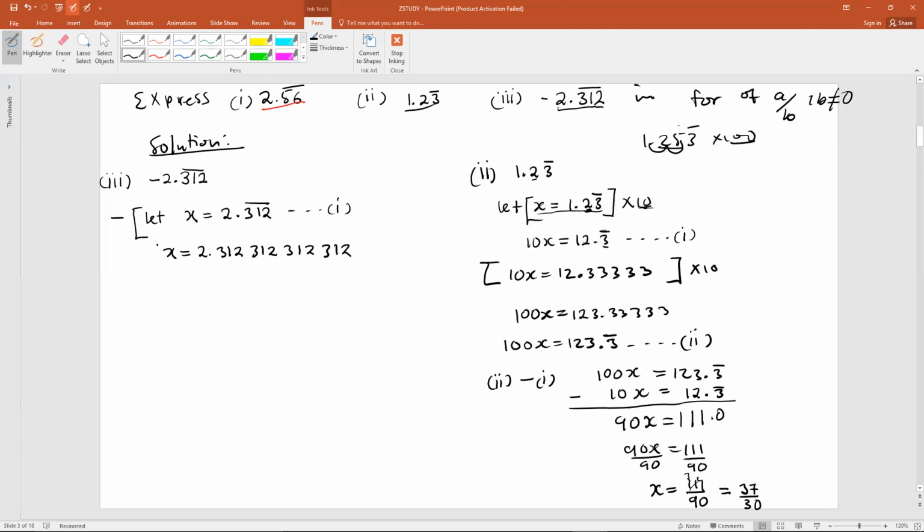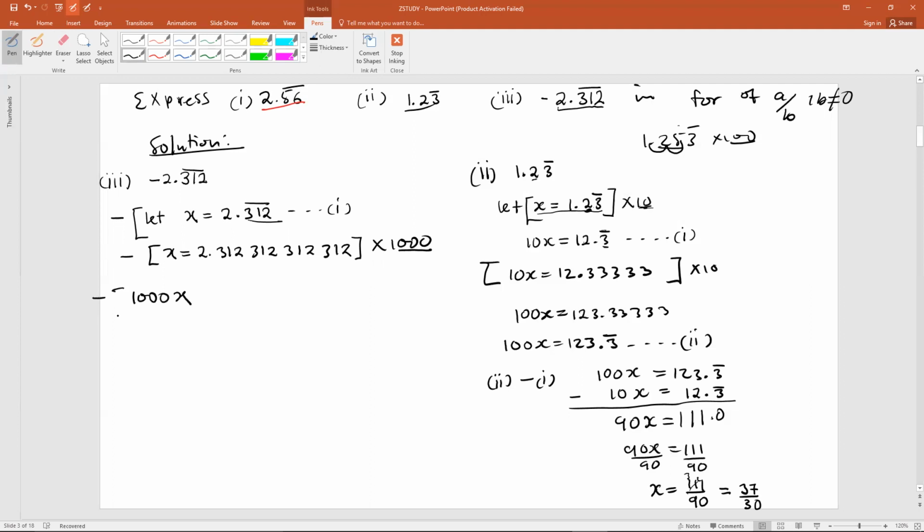So when you multiply, since there are 3 numbers repeating, you multiply by 1000, three zeros. With the negative in mind, that will be 1000x.